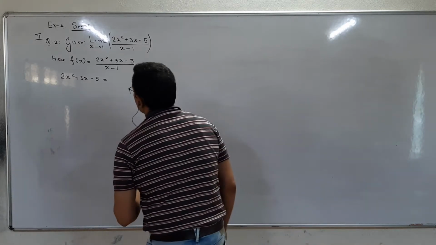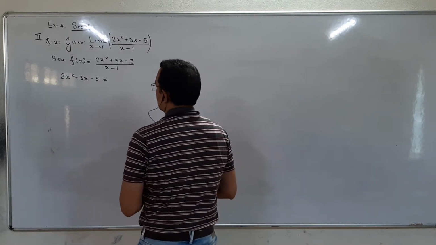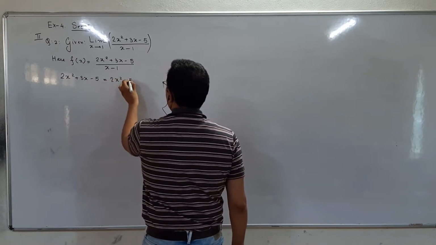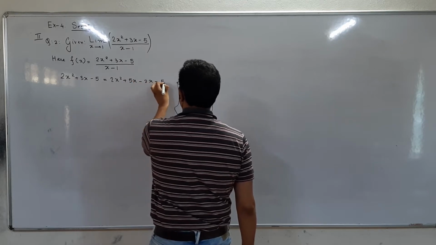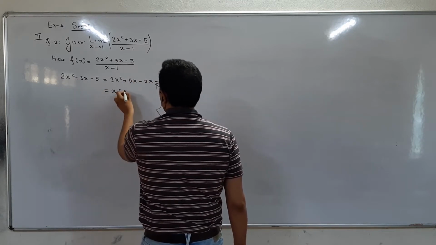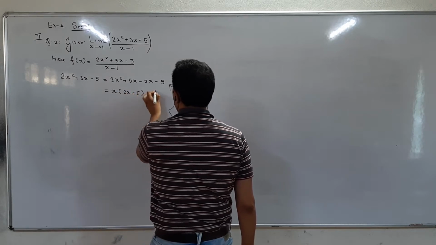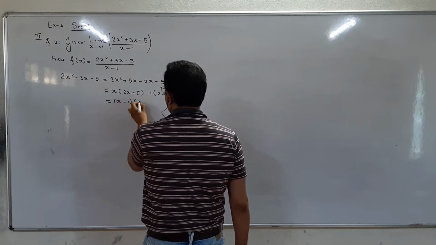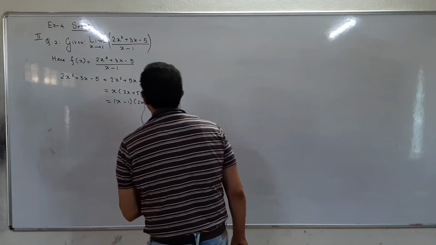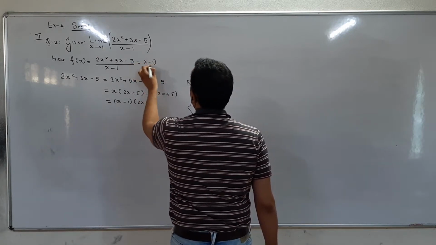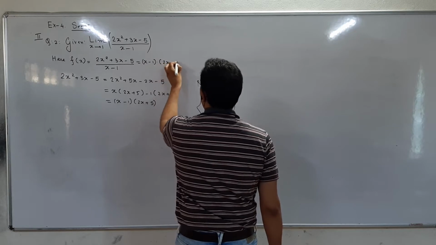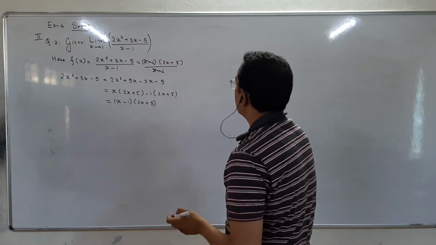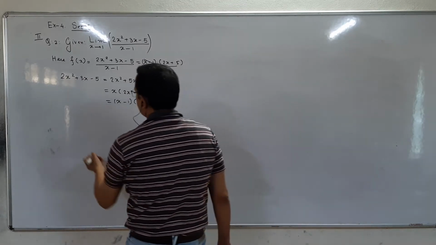So what we will do, all of you pay attention. 5 minus 2 will give me 3. So 2x square plus 5x minus 2x minus 5. Take x common, so 2x plus 5. Take minus 1 common, so 2x plus 5. So the factors are (x minus 1) and (2x plus 5). So (x minus 1) into (2x plus 5) upon (x minus 1), the (x minus 1) gets cancelled. So the final function is only 2x plus 5.